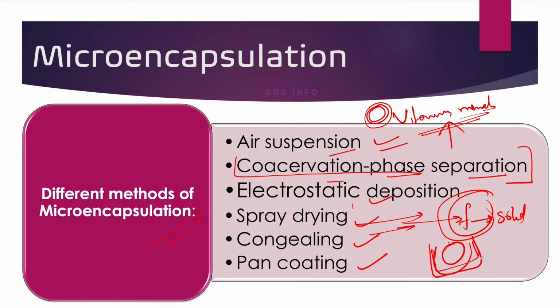The coating material is melted and the core material is dispersed in it. And pan coating is one of the oldest industrial techniques for microencapsulation. It is the same process as tablet coating, but high temperature is provided. The coating material is melted and gives a coated cover over the microcapsules or particles of tablets, solids, liquids, etc. This is the pan coating.